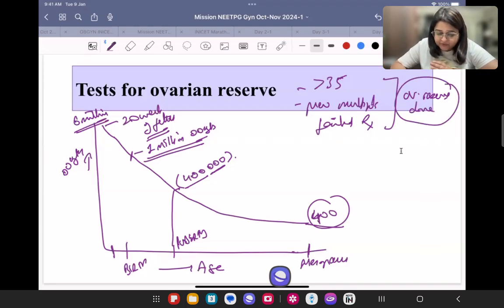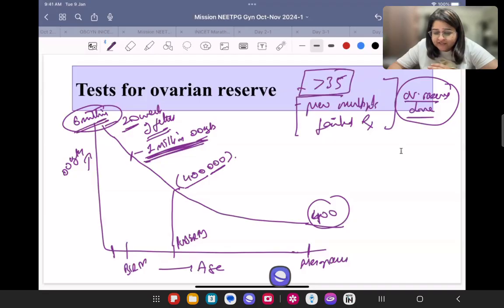At 20 weeks of fetal life, there are 6 to 7 million, and at birth the girl is born with 1 million oocytes.